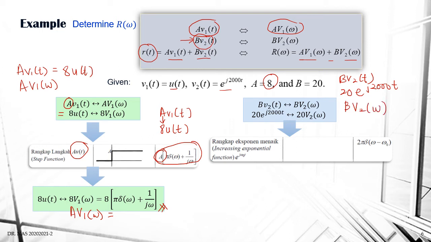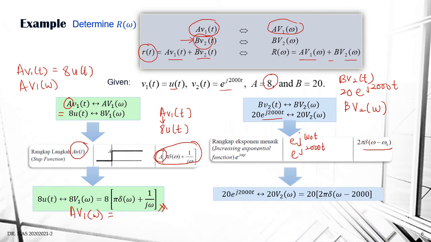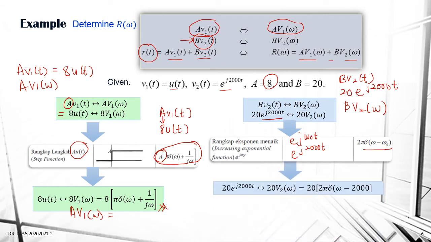When you have an exponential function, the signal will be frequency shifted in the frequency domain. Your e^(jω₀t) equals e^(j2000t), so you know that ω₀ equals 2000. So B V2(ω) equals 2π δ(ω − ω₀), where ω₀ is equal to 2000.